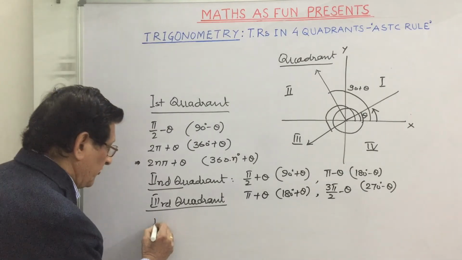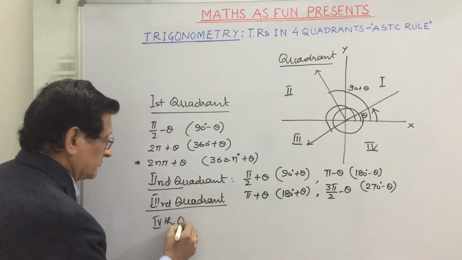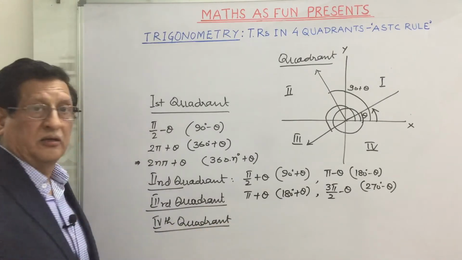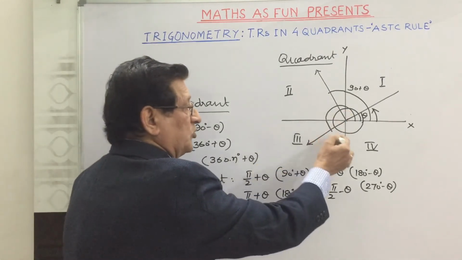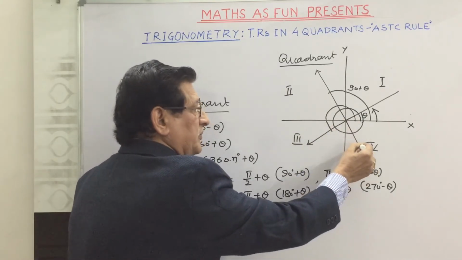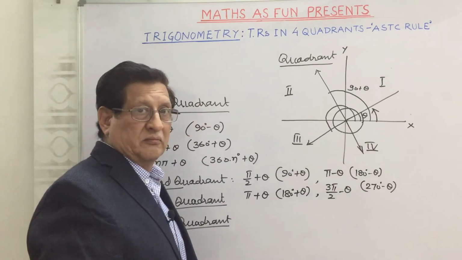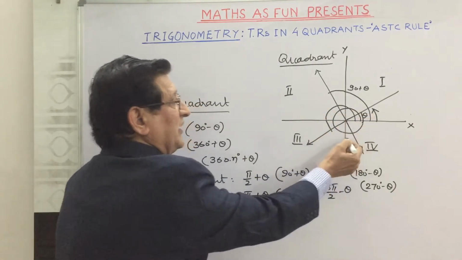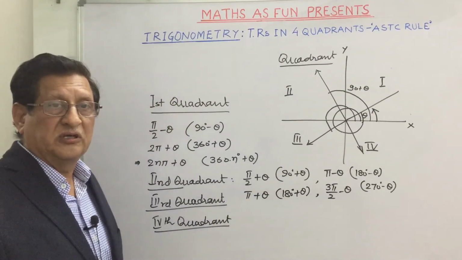When we talk about the fourth quadrant, see here, after completion of 270 degrees, the radius vector will be coming to the fourth quadrant. It means the angle should be greater than 270 degrees and less than 360 degrees.